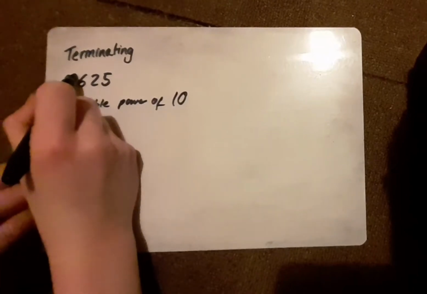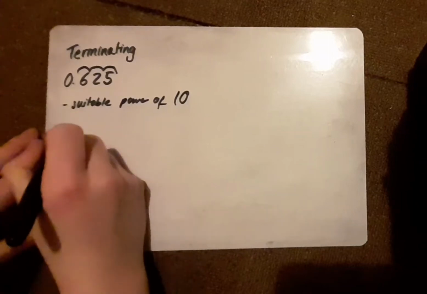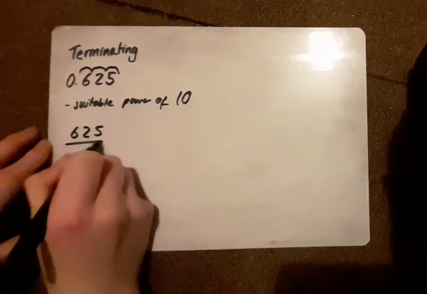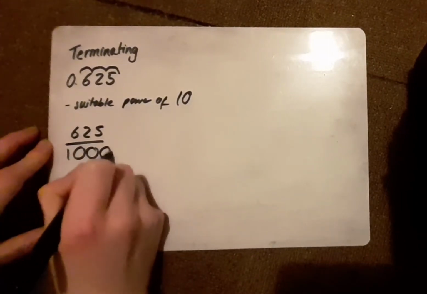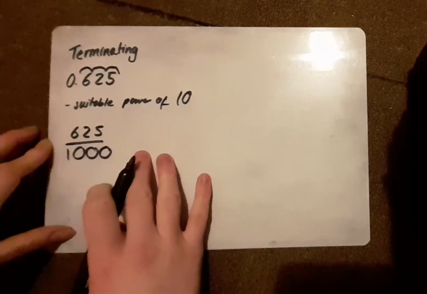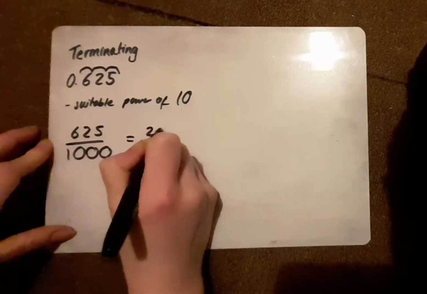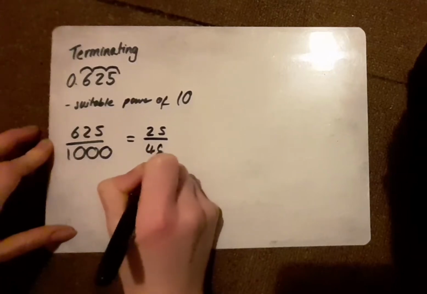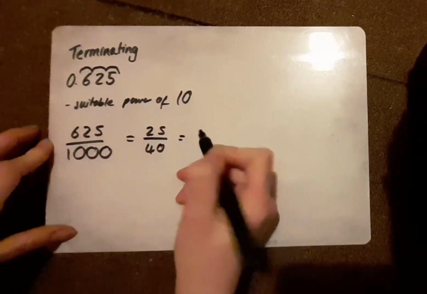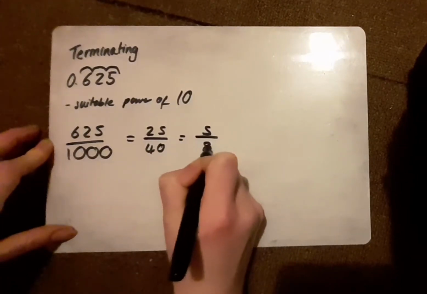So we can see there will be 3 skips of the decimal place. So I'm going to put the 625 over this 1,000, which we can then simplify down. So I'll get 25 over 40, which can also be simplified even further actually, to 5 over 8.